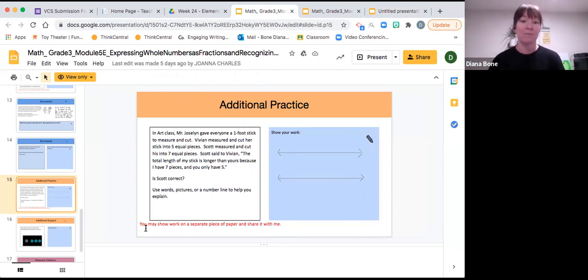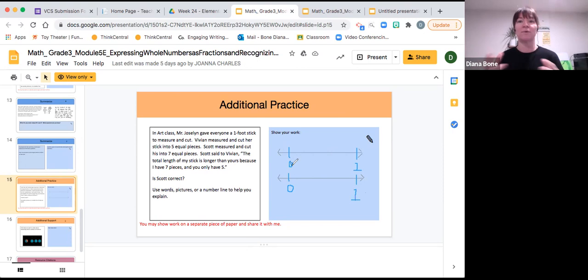First of all, both of their number lines are from 0 to 1. Both students have number lines or meter sticks, 1-foot sticks that go from 0 to 1. And Scott thinks he has more because he has 7 pieces.